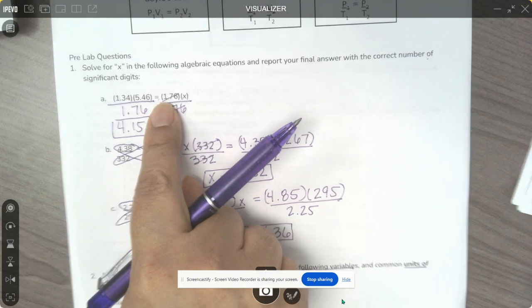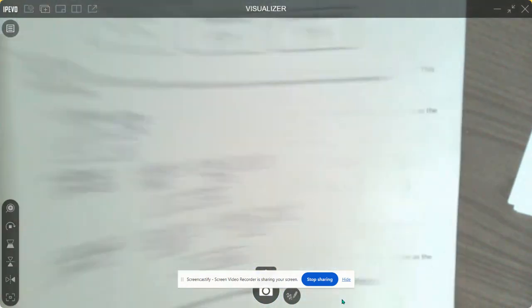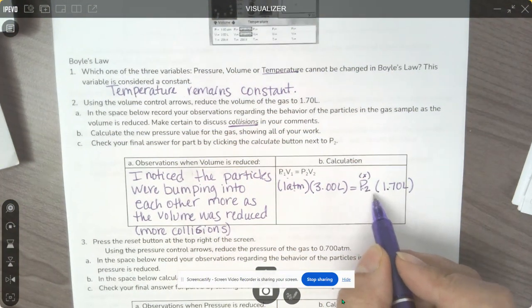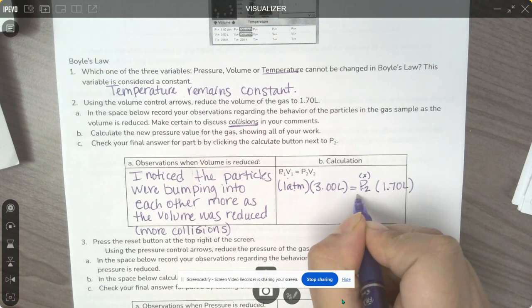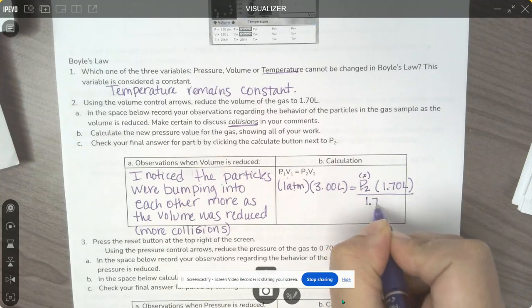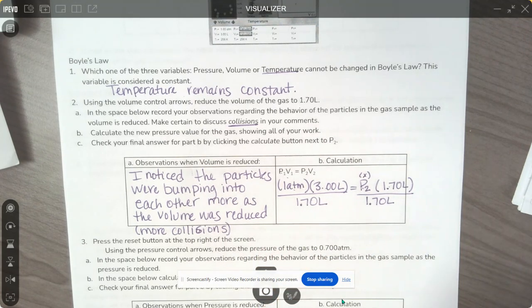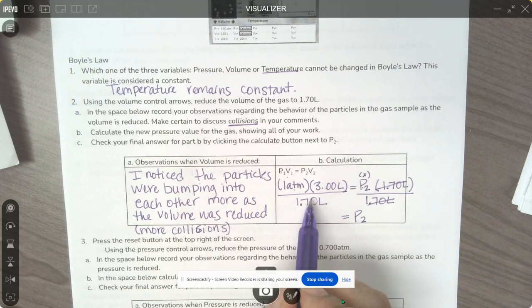So the first thing that we have to do is isolate X and then set up a new equation that represents X. Okay, so P2 is our X. So I'm going to undo this right here. It's being multiplied, so I'm going to divide. So 1.70 liters on both sides. Okay, I'm going to divide this out, and it's going to equal this new equation.